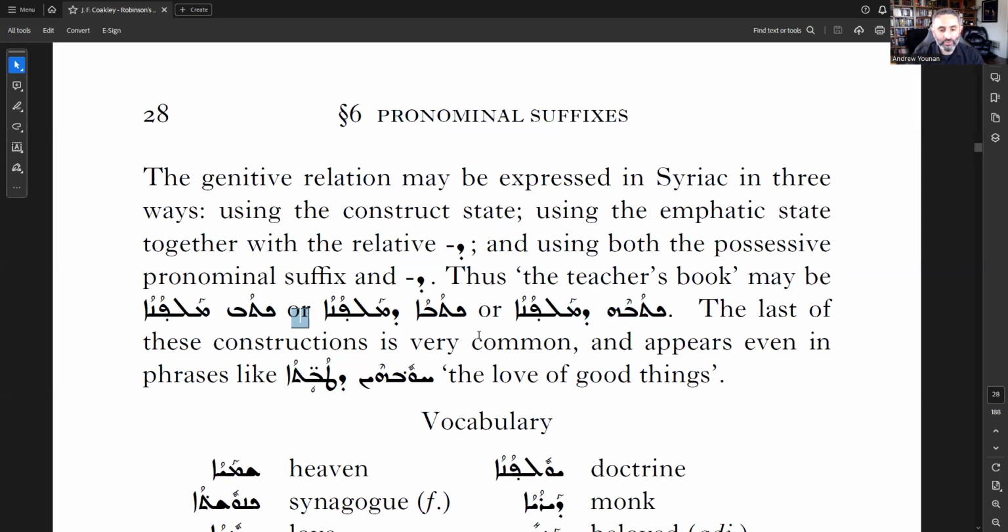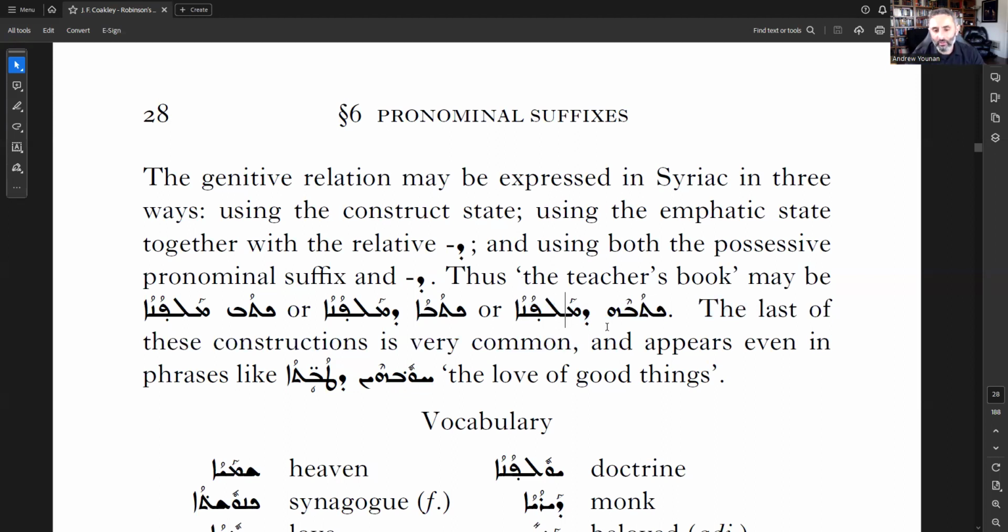The last of these constructions is very common and appears even in phrases like hobhen tawatha, the love of good things. So what this literally means is, his book of the teacher. So when you're translating, you don't have to translate it as his book of the teacher.